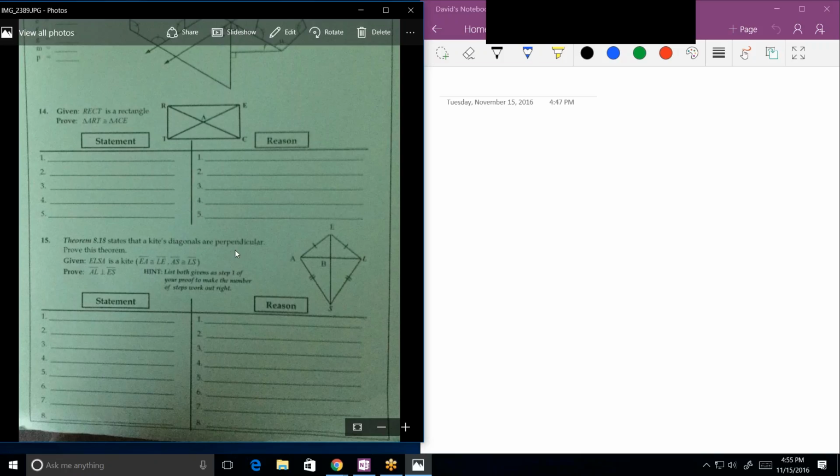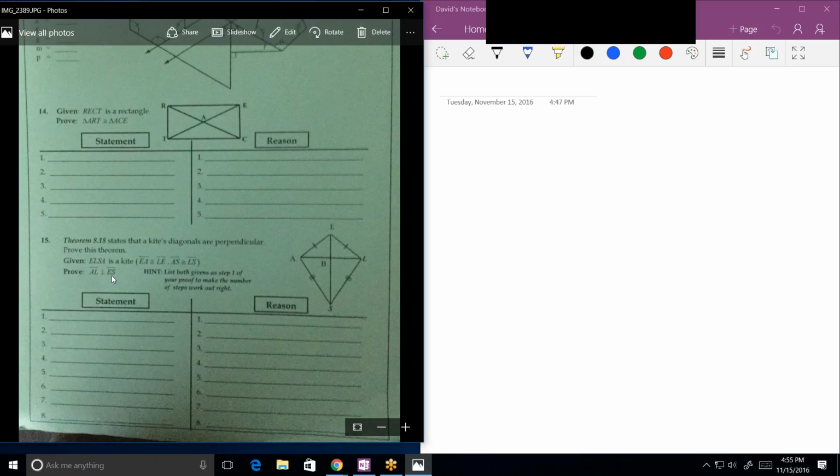Okay, so this is asking us to prove that the kite's diagonals are perpendicular. They tell us it's a kite, okay, which makes EA equal to LE and it makes AS equal to LS, definition of a kite, or given.